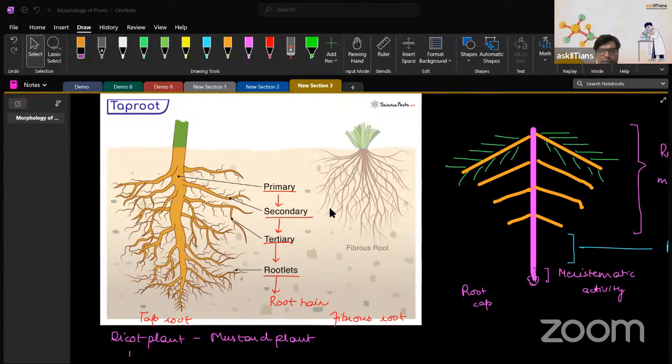It is quite common there. I need a quick diagram. Okay, I think we can use this one. This one shows the differences between the taproot system and the fibrous root system.